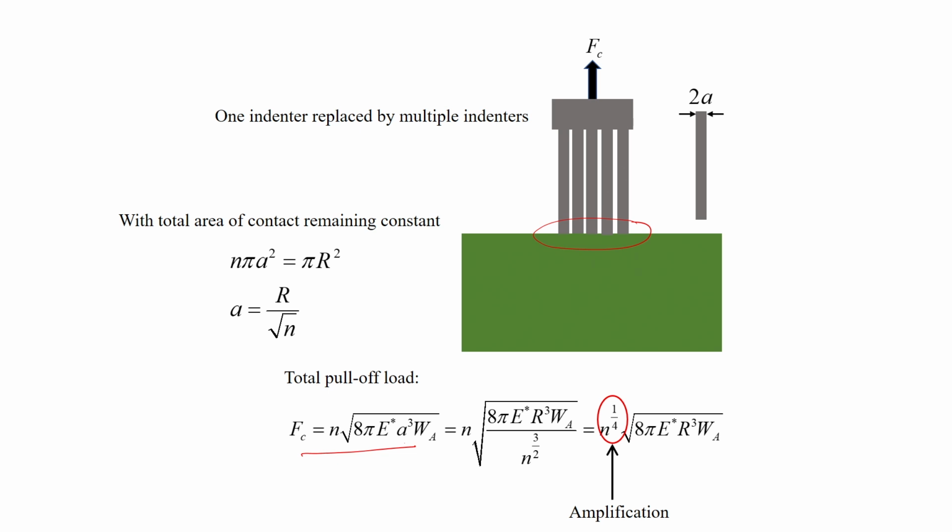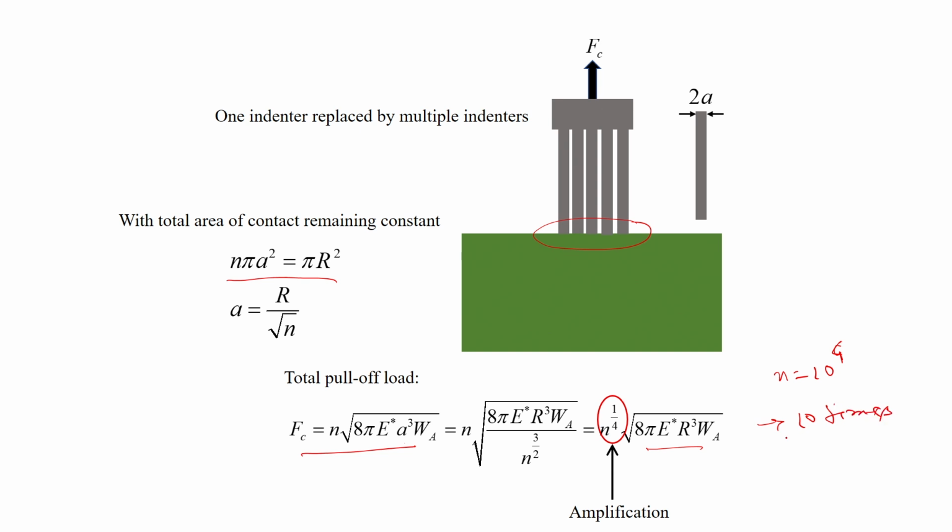Of course, if n is equal to 1 it is the original value, but now that we have used several indenters keeping the total area constant, the pull off load increases with n to the power 1 upon 4. So suppose n is equal to 10 to the power 4, then the pull off load will actually increase by 10 times.